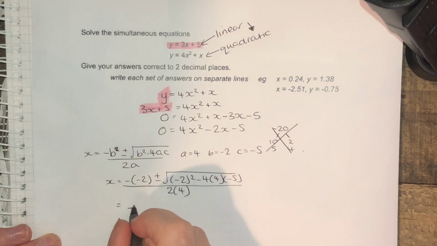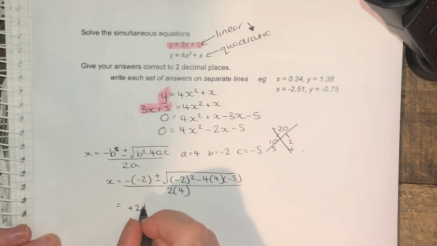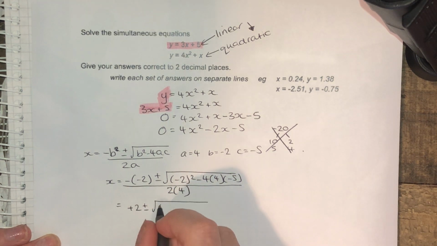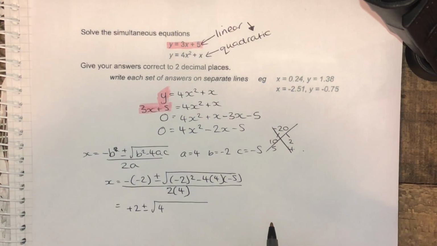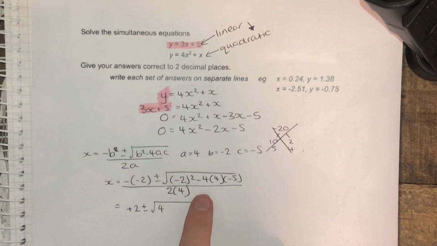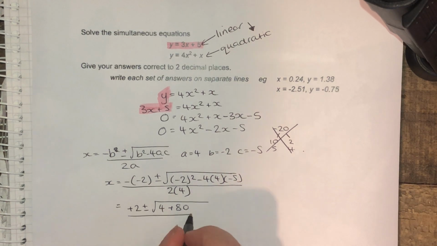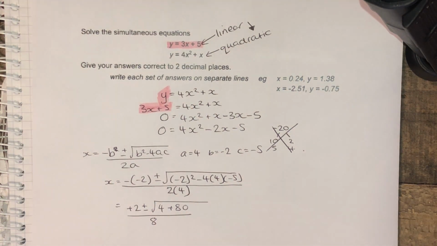That gives me 2 plus or minus the square root of 4, which is 2 squared, and then minus 4 times 4 times minus 5 is plus 80, over 8.